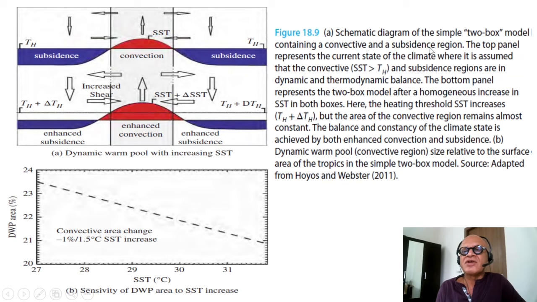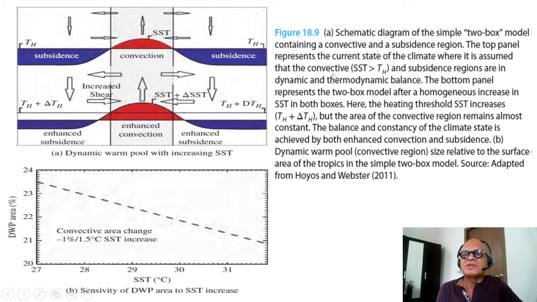The schematic diagram of the simple box model contains a convective and a subsidence region. So here are warm SSTs, there is subsidence and colder SSTs. Somewhere there is the threshold temperature, where you are starting with the control case, at which the column integrated heating goes from negative to positive.